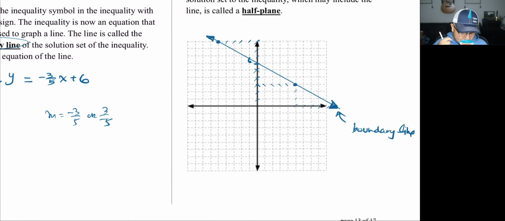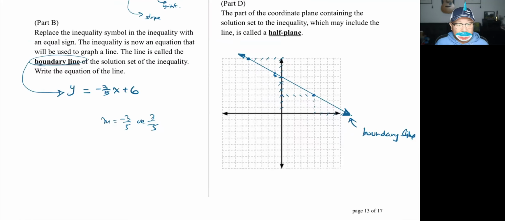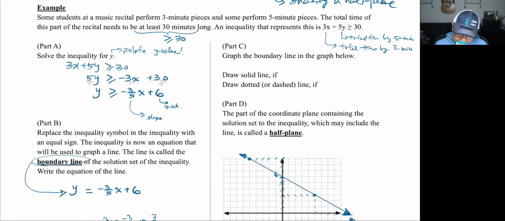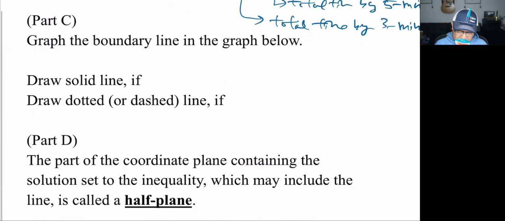Now the question is, is it a solid line or is it a dotted line, right? So let's look at part C. Graph the boundary line in the graph below. Draw a solid line if, do you remember what we did earlier? If you said greater than or equal to or less than or equal to, you are correct.